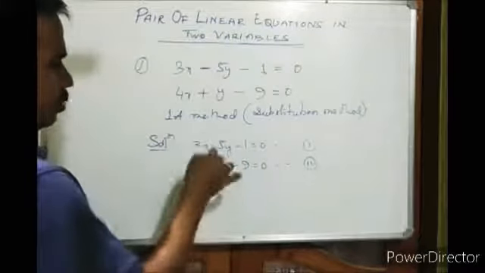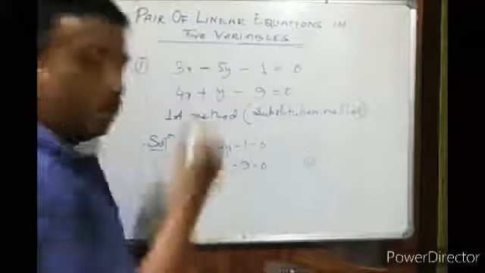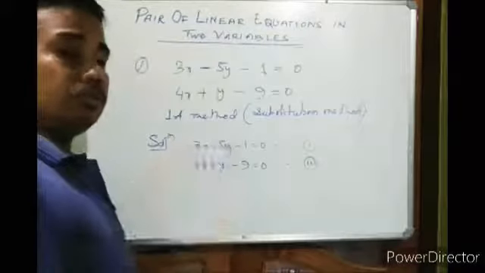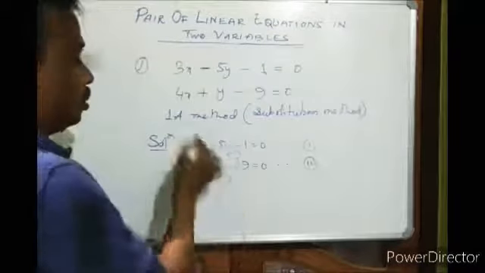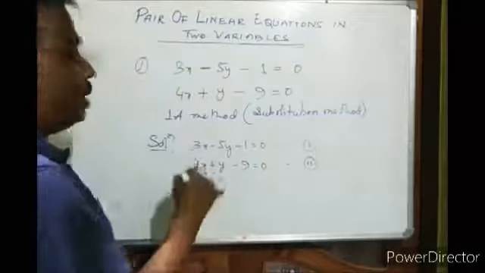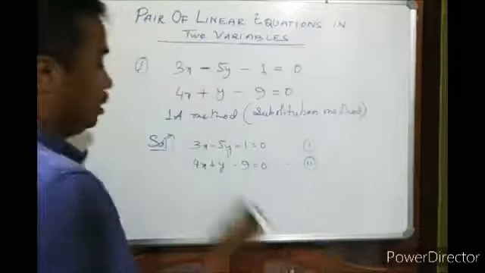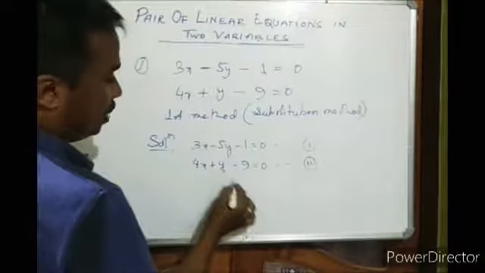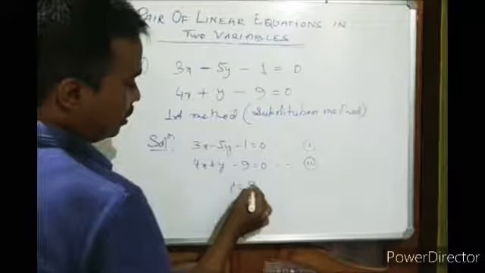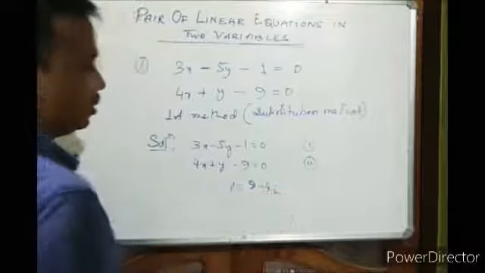From any of these, we'll get the value of x or y. You can use equation number 1, you can use equation number 2 as well. Using any one of them, you can find the value of y in terms of x or x in terms of y. From here, if we take y, then y is equal to 9 minus 4x, since 9 is transposed to the right side.